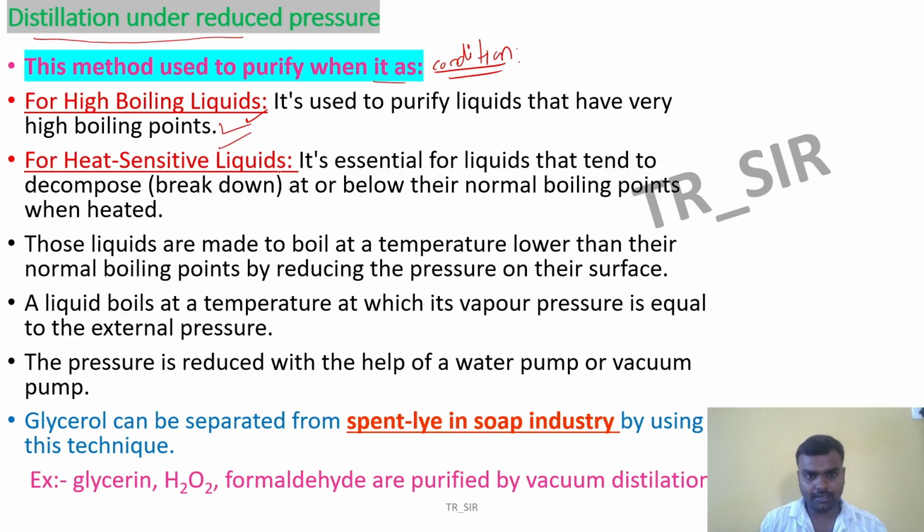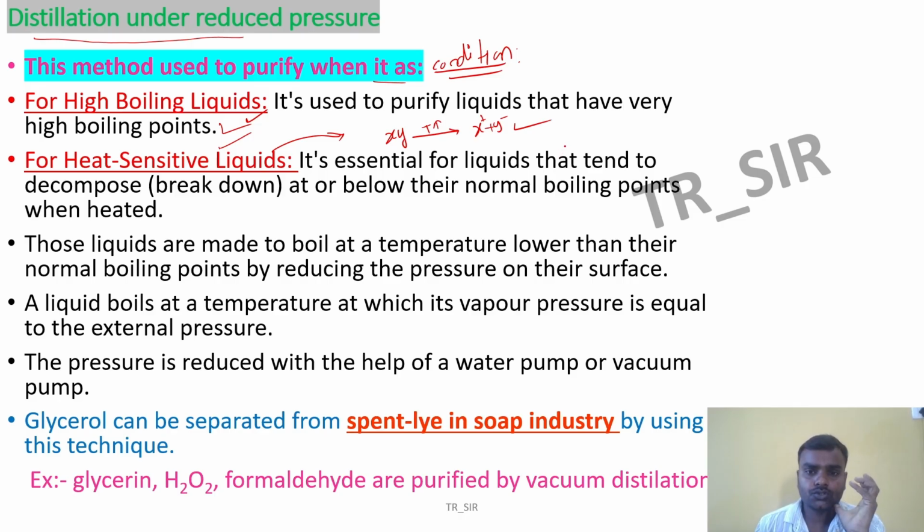What exactly do we mean by a heat sensitive liquid? Suppose I have taken a compound XY, and when I start giving slightly more temperature, it dissociates easily. This is called heat sensitive.